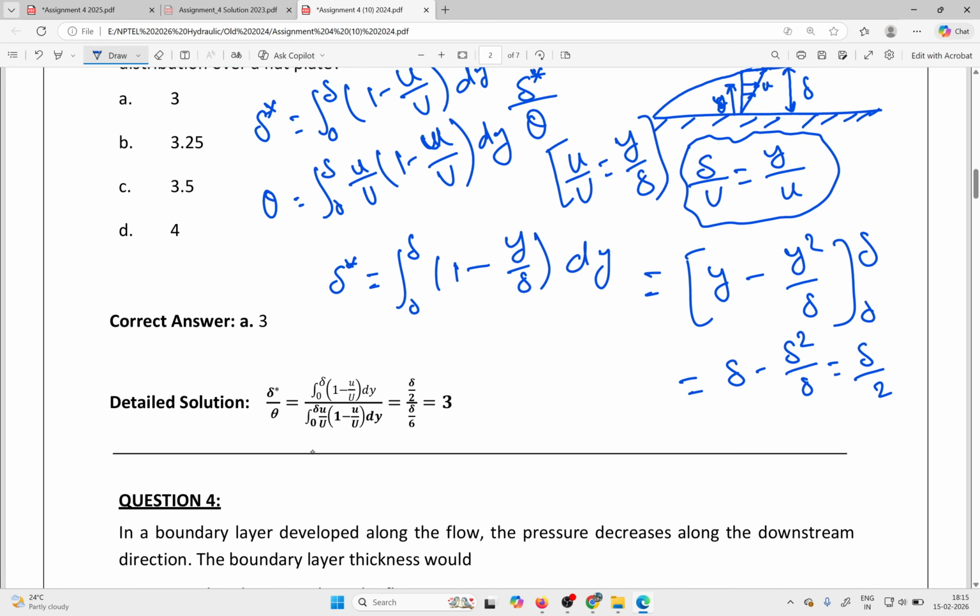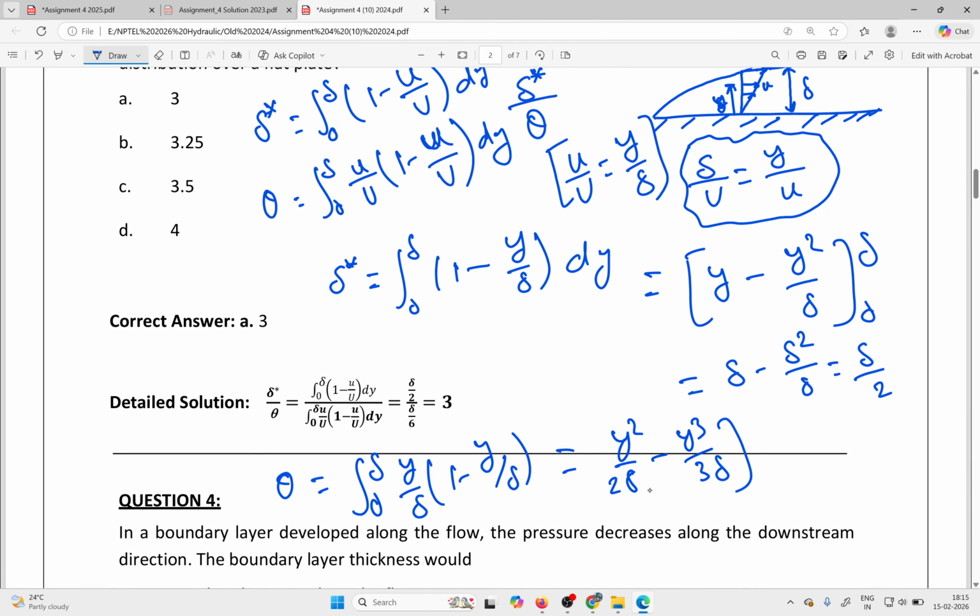Now for theta, what will you do? The integral from 0 to delta of y by delta times 1 minus y by delta, sorry. So finally you will get y square by 2 delta minus y cube by 3 delta. Again you have to put the limit.